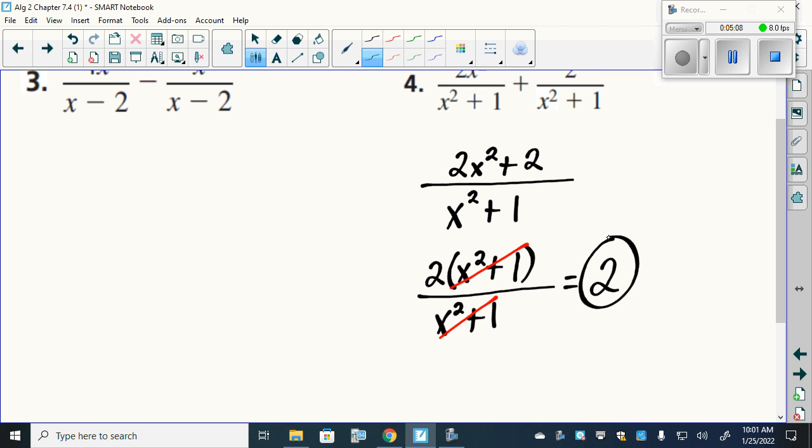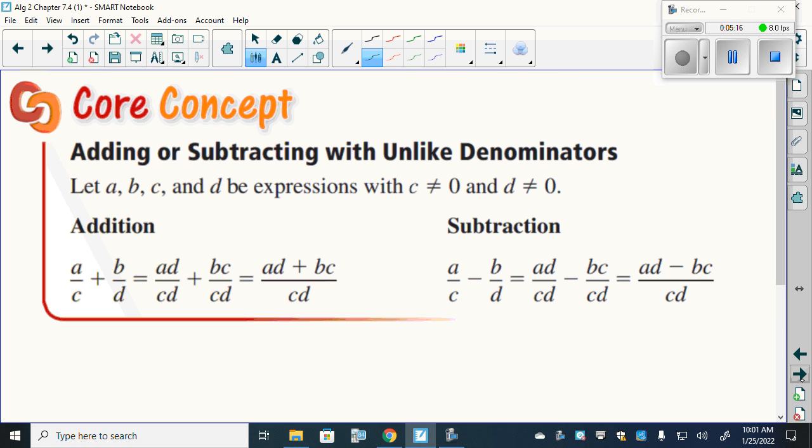Well, unfortunately, not every set of rational expressions will have denominators that are exactly the same. So if the denominators are not the same, we need to make them be the same. It's really figuring out what's going to make this denominator and this denominator be the same. And once we figure that out, we multiply top and bottom by that so that they are the same.